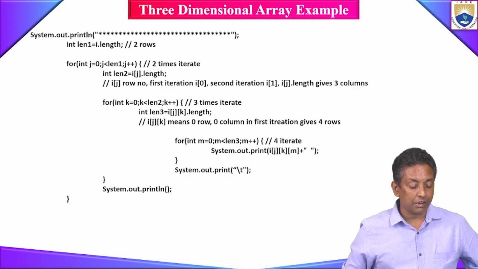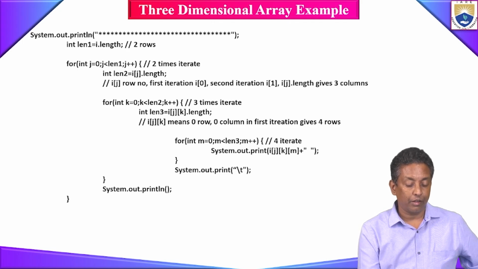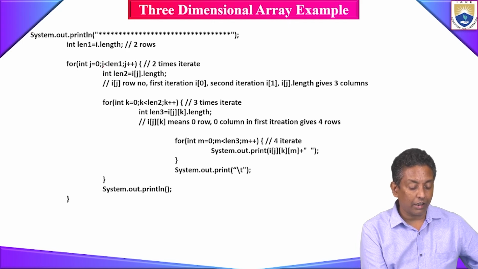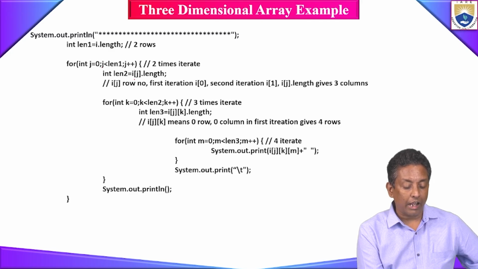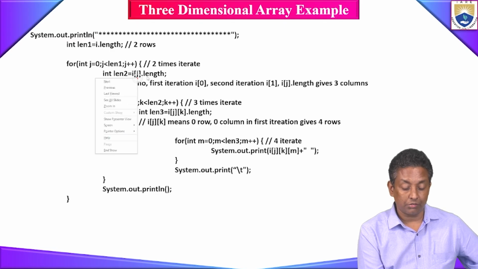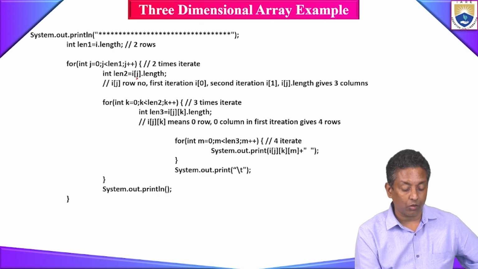So, how to access such an array? First of all, we need to find out the length of the array. 2 times this loop will iterate. Again, for the array i of j, that means the 3 columns, that length will be written, and 3 times this loop will iterate.